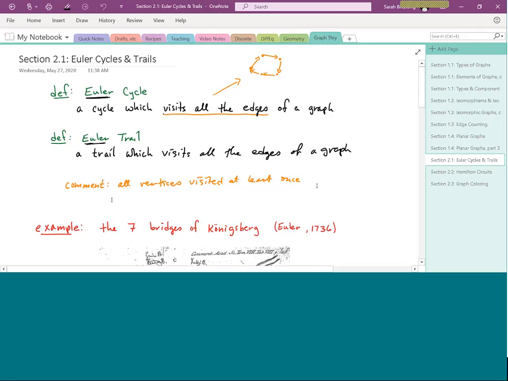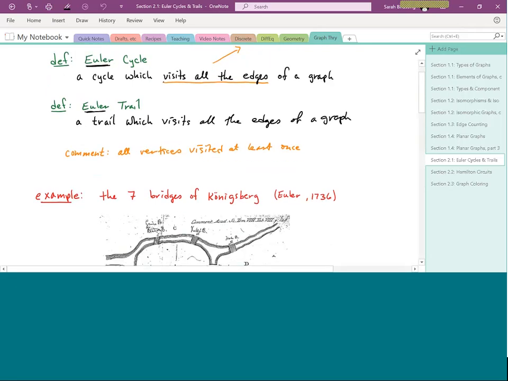For both of these, you'll automatically visit all the vertices at least once, but you'll almost for sure have at least one vertex in your graph that you'll have to visit more than once, unless you have a specialized graph. There are a couple of graphs where that doesn't happen.